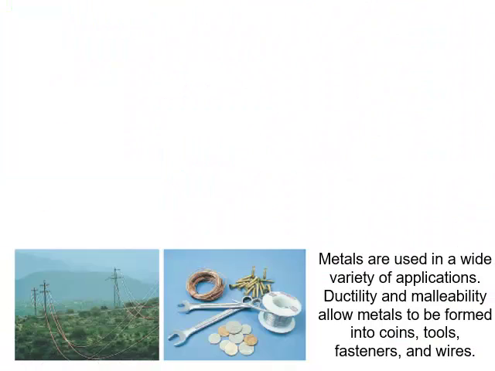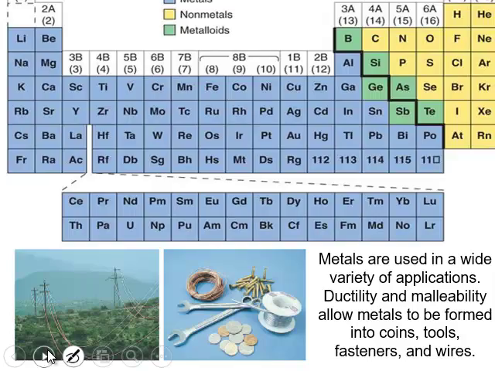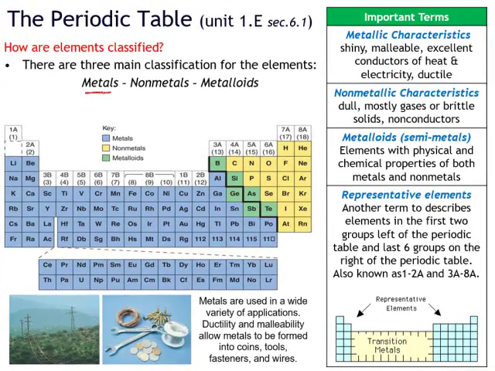We can classify elements into a much broader scope, a much broader brush. We can classify these elements into what we dub metals, nonmetals, and metalloids. It's kind of like saying that at Santa Fe High School, we have freshmen, sophomores, juniors, and seniors, right?